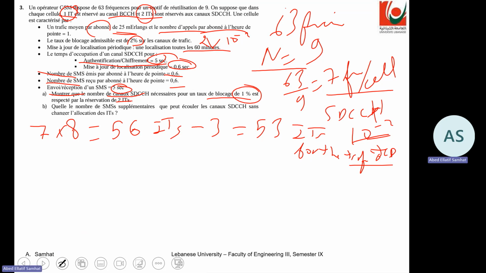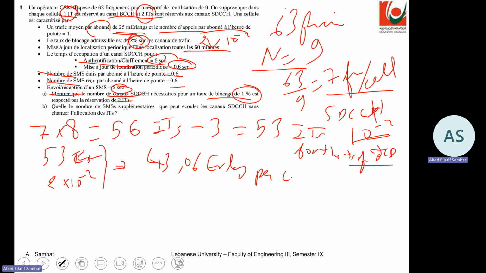So using those 53 TCH channels with a blocking probability of 2 times 10 to the power minus 2, the traffic that could be supported, the TCH traffic, based on the table, we can have up to 43.06 Erlang per cell.